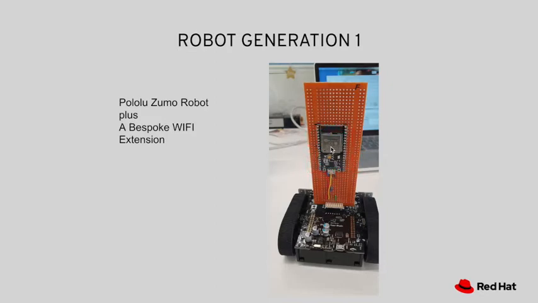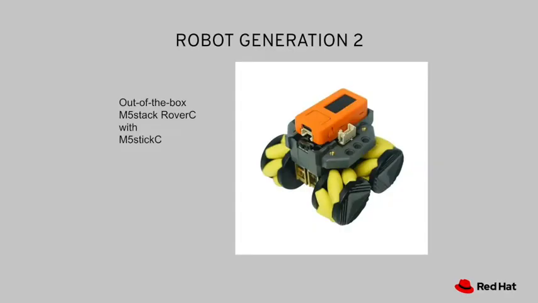So that's what prompted me to look for a second generation robot, which is off the shelf. That means that you don't need to modify the hardware for it to work. And finally, I found this. It's based on the M5Stack RoverC, which is the robot you see here. The controller is the M5StickC, which is the orange rectangle at the top.